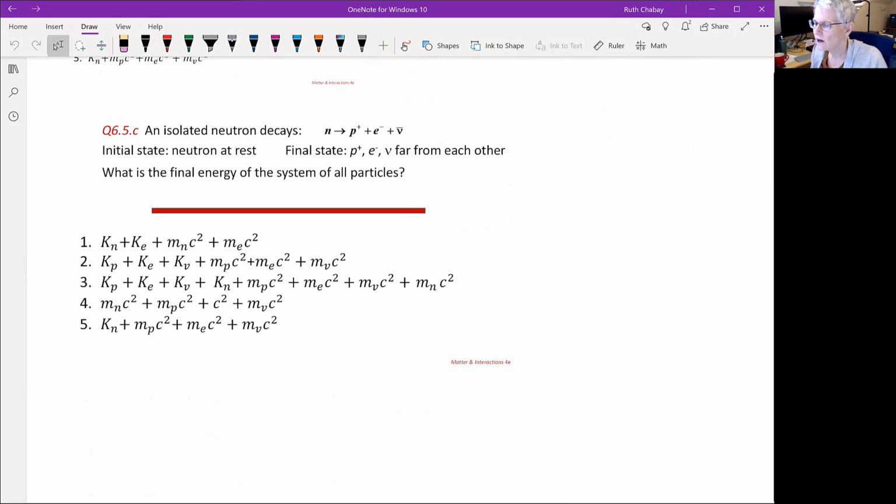Now let's think about the final state, where we've got the proton, the electron, and the antineutrino. Which of these expressions correctly gives us all the terms of energy for this final state?